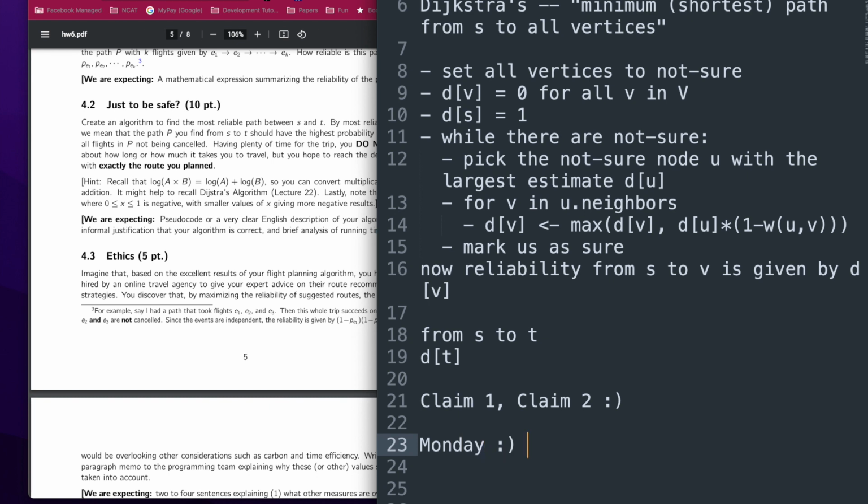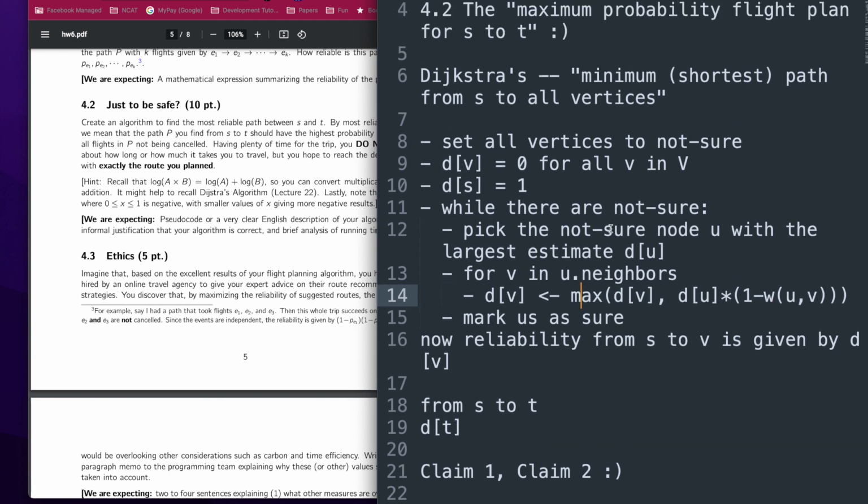If you pay attention to Monday's lecture, that should help you a lot in analyzing the running time, because at the end of the day, we didn't change things too much. We basically changed the starting settings to different values, and then we changed the update rule from a min to a max, and we did some other stuff.